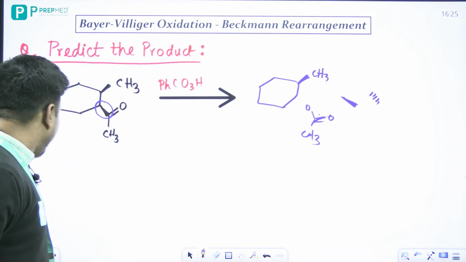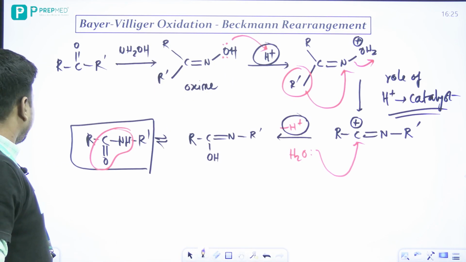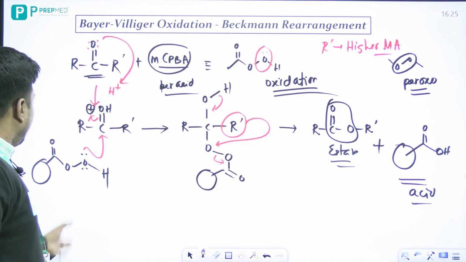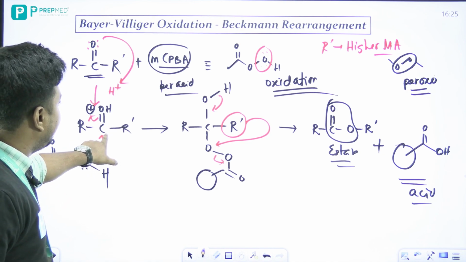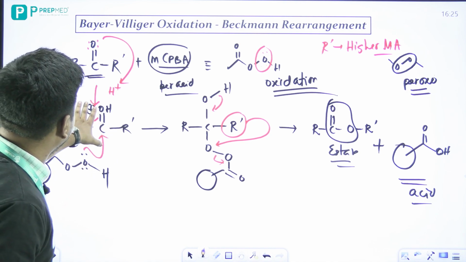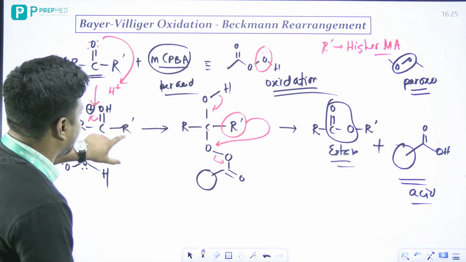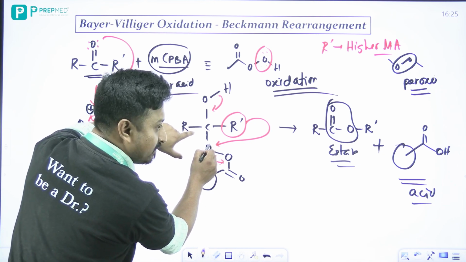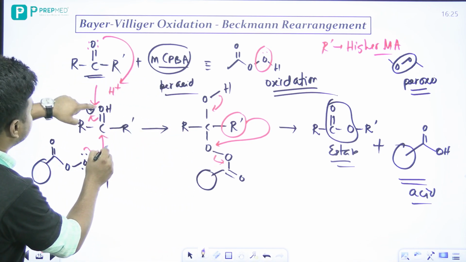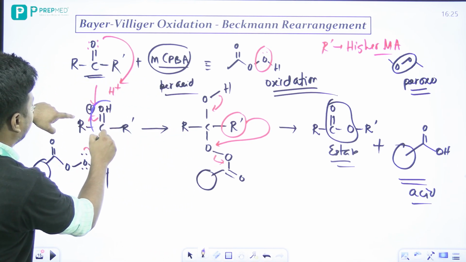If you see the mechanism very clearly, after this addition in the ketone, this R group is attacking from the back side here. And this is the planar moiety here.